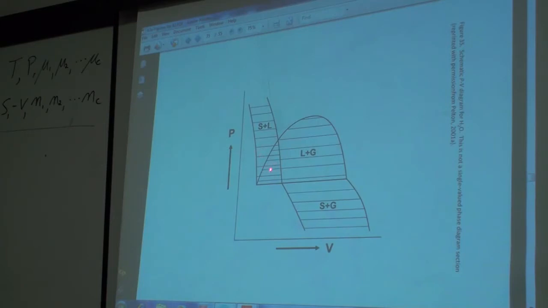Although I'm at one point of the diagram, this point in this two-phase region, I could have a P and a V, but at different temperatures. The same P and the same V. The temperature is different, so I'm in different regions. Now obviously this diagram is not what you want. It's not single valued. Every point of the diagram does not represent a unique equilibrium state of the system. Also, it doesn't follow the zero phase fraction line concept. So it doesn't mean it might not be useful, but it's not a single valued phase diagram. You can't do that.